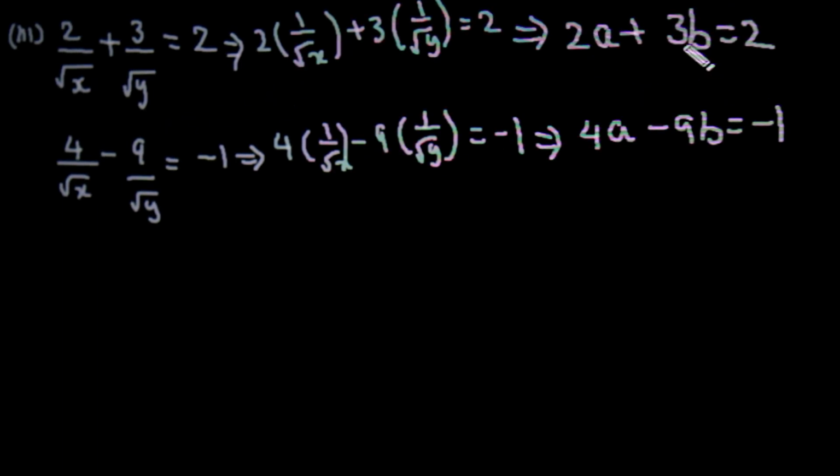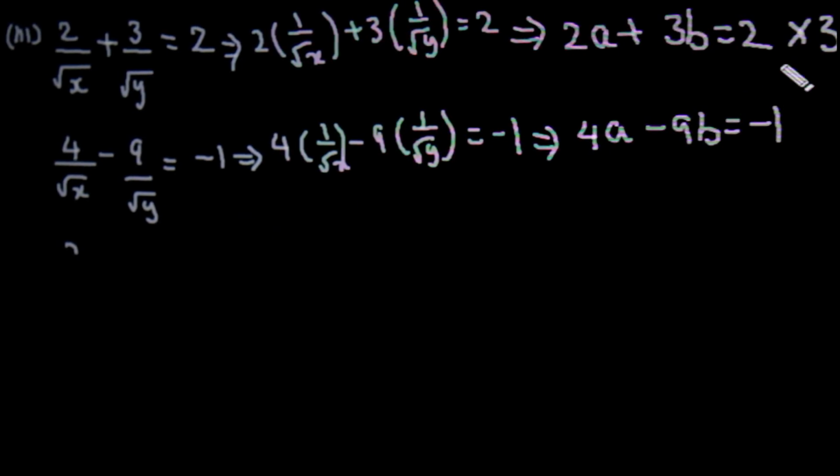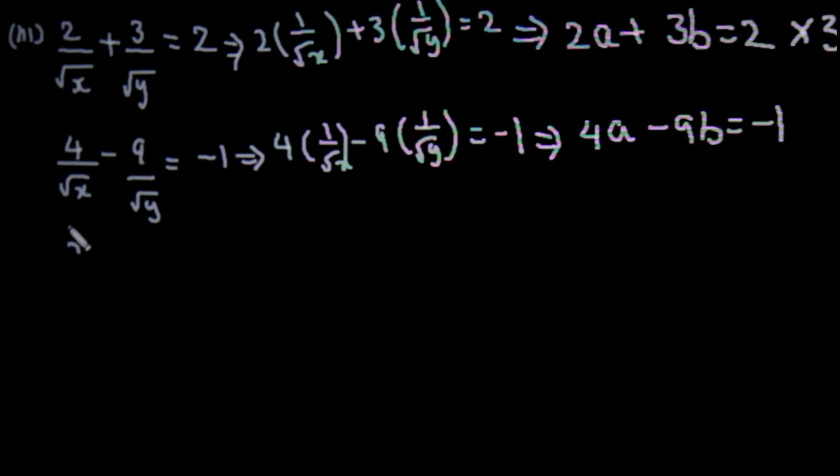Now, if you multiply this first equation by 3, 3 into 3 is 9b, therefore multiply this equation: 3 2's are 6a plus 3 3's are 9b is equal to 3 2's are 6.